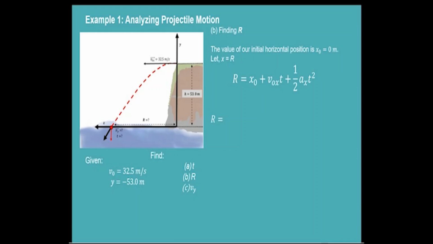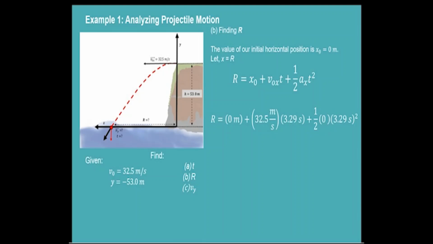Now, substituting the values, we have 0 as our initial position, plus 32.5 meters per second times 3.29 seconds plus 1 half times 0 times 3.29 seconds raised to the power 2. Why is this 0? Always remember that the acceleration for the horizontal motion is always 0.